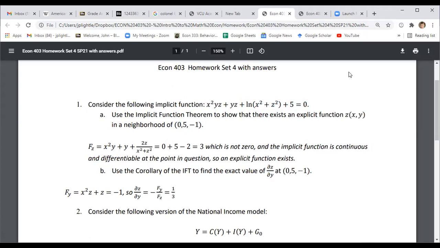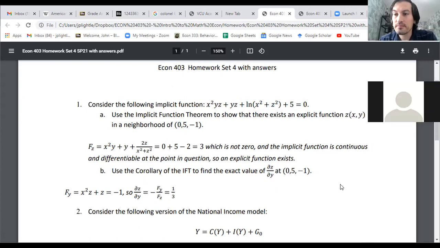Differentiable means that the derivative exists, whereas that's not always the case. In fact, if you have an implicit function whose derivatives or partial derivatives do not exist in a neighborhood of a point, then you can't use the implicit function theorem.